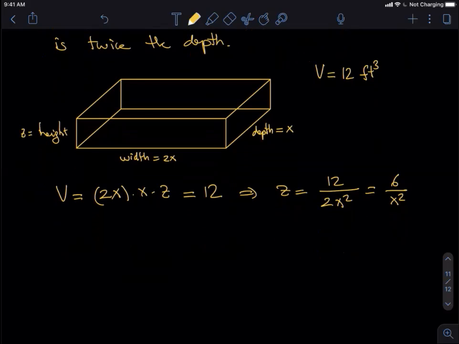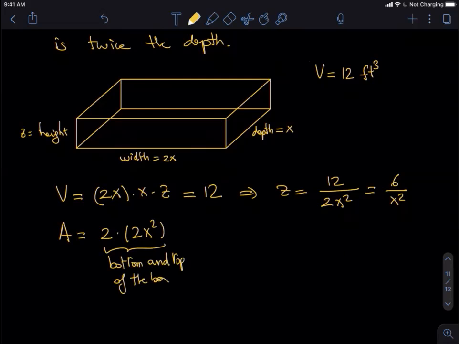Now, the surface area, that is what we want to minimize. Let's write first the surface area. The surface area is going to be 2 times 2x squared, this is the bottom and top of the box.